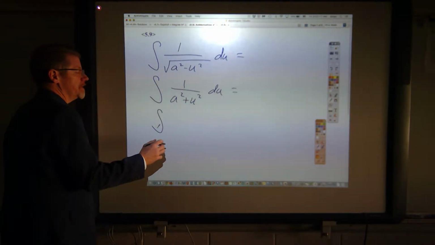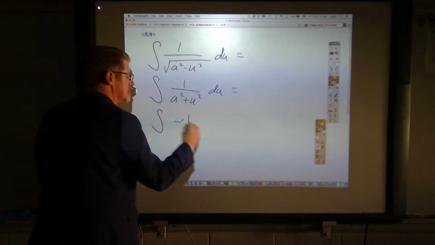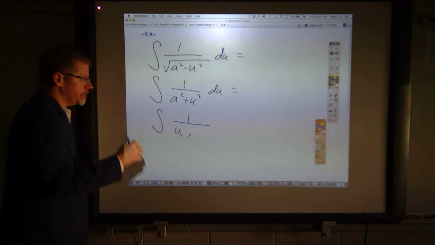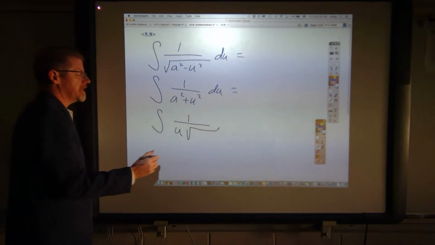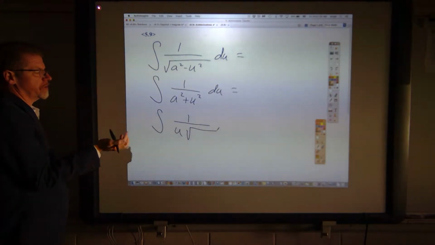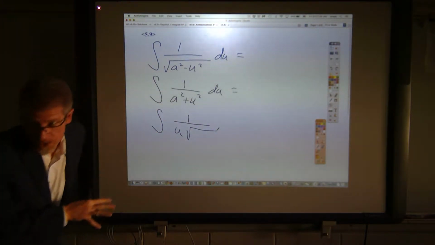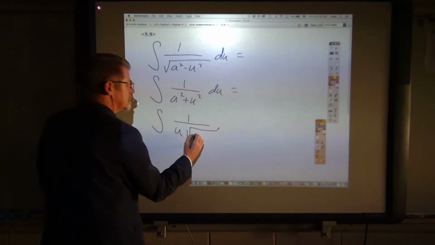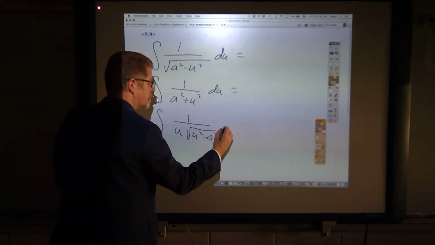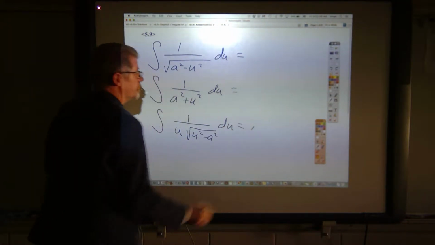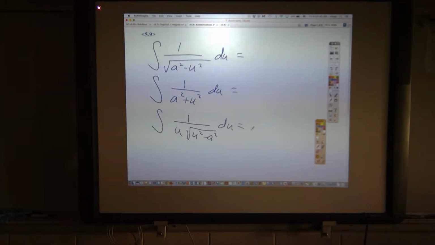And the third one, even though it doesn't have an absolute value around the u, is reminiscent of the derivative of secant inverse. So in general, it's 1 over u without the absolute value times the square root of u squared minus a squared du. These are the big 3.